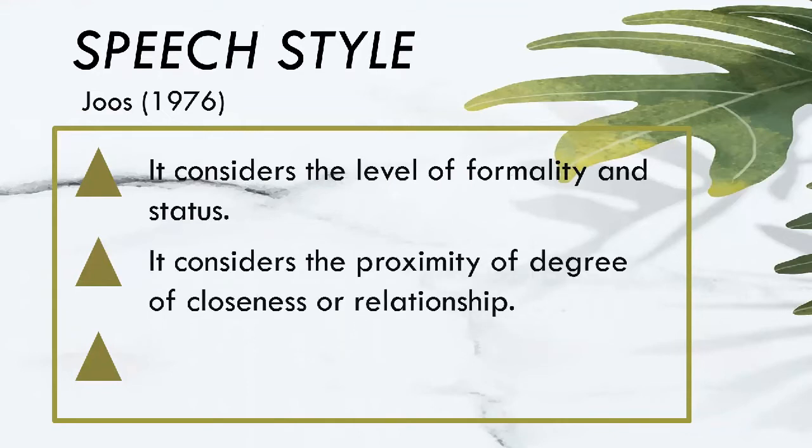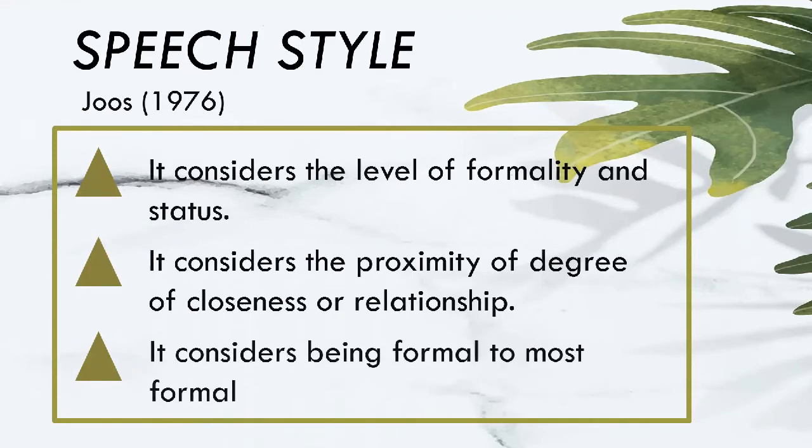It considers the proximity or degree of closeness or relationship. And it considers being formal to most formal. In short, the more distant a person is from another person, the more likely formal language is used to communicate.